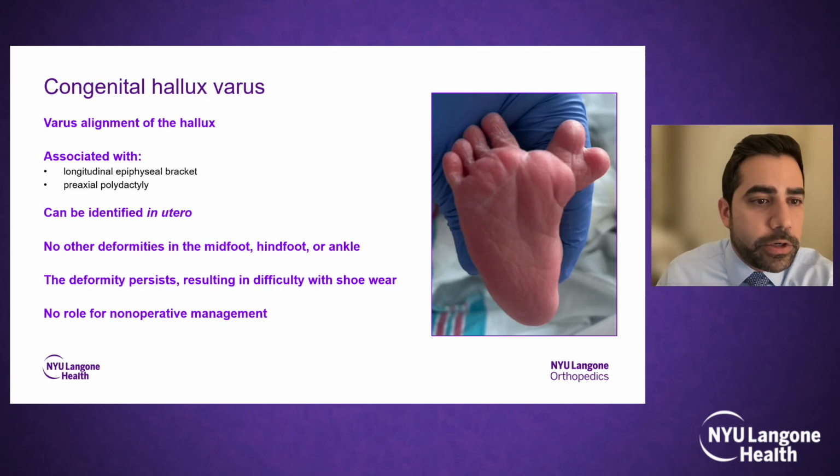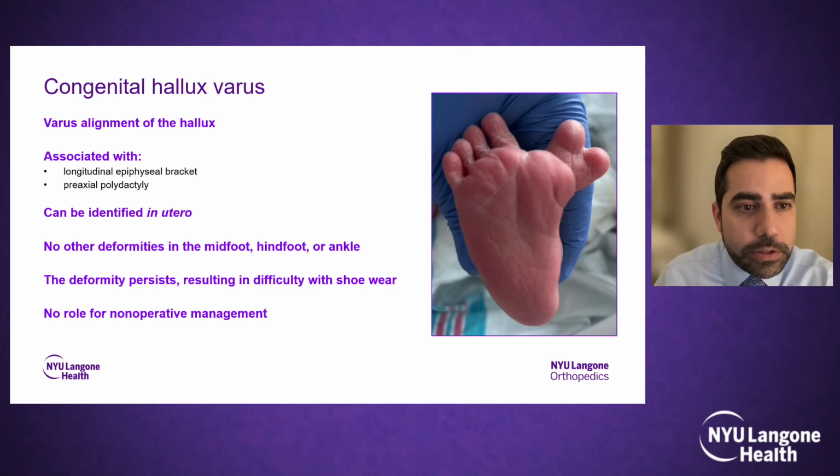So congenital hallux varus is basically a varus alignment of the hallux, as the name suggests. It's associated with a longitudinal epiphyseal bracket, which is basically a medial extension of the epiphysis in a shortened metatarsal that needs to be taken down in surgery, and it can be associated with preaxial polydactyly, as in the patient shown here.